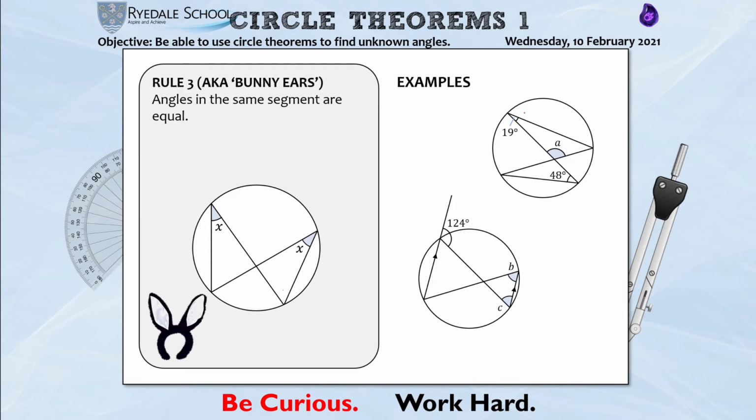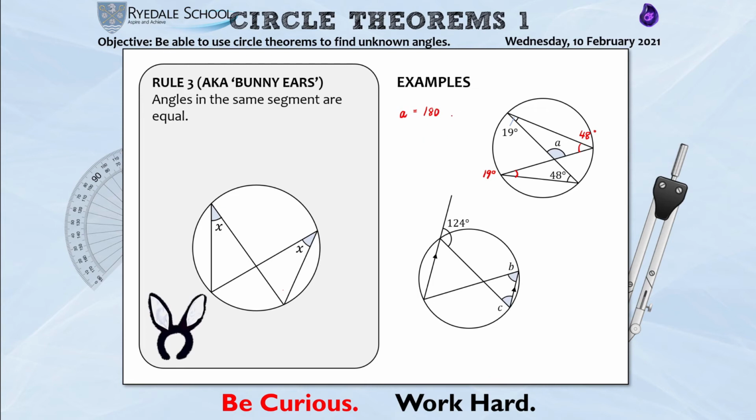So if we look at this diagram here, we can immediately see another angle that is the same as 19. It is that one there. Similarly, this angle has to be 48 degrees. So I can now work out angle A using angles in a triangle.